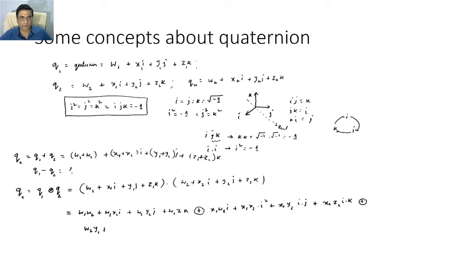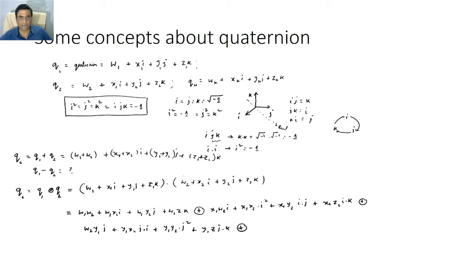y1 j plus y1 x2 j dot i plus y1 y2 j square plus y1 z2 j k. So it's done. Very important that you should not make any mistake.